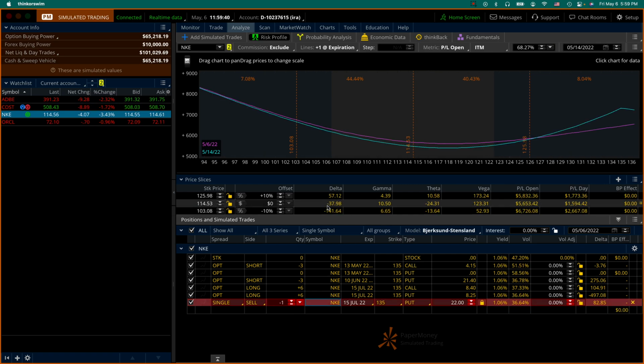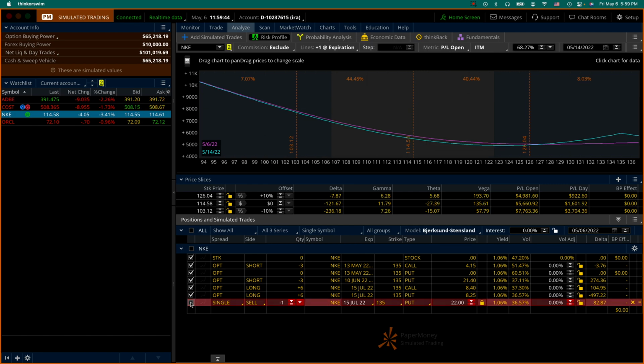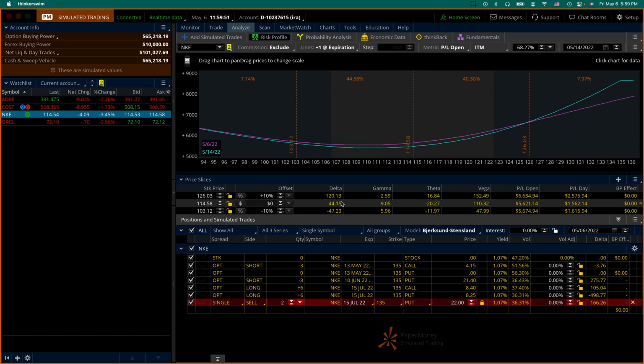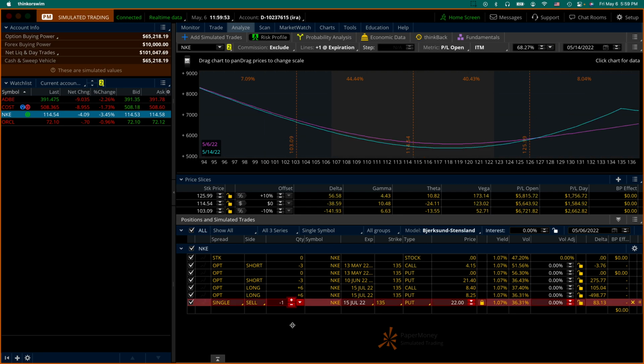That reduces my deltas to 38. It was minus 121, now it's 38. You can close two, and that makes your delta positive, which is not exactly what I want. One would be enough. Unlock it, and that's 2205, and that neutralizes my delta, so I don't care if the stock goes up or down.